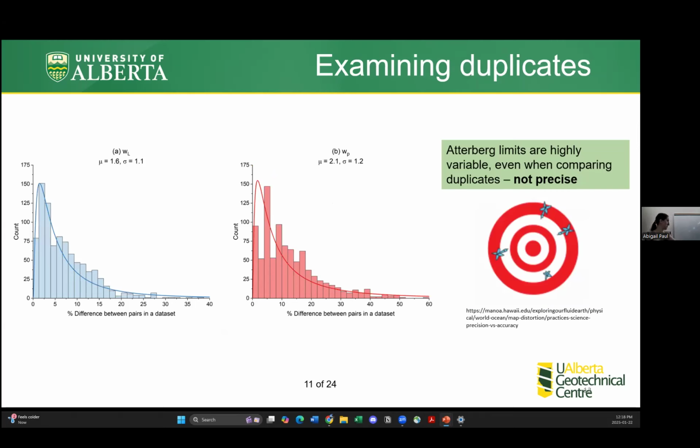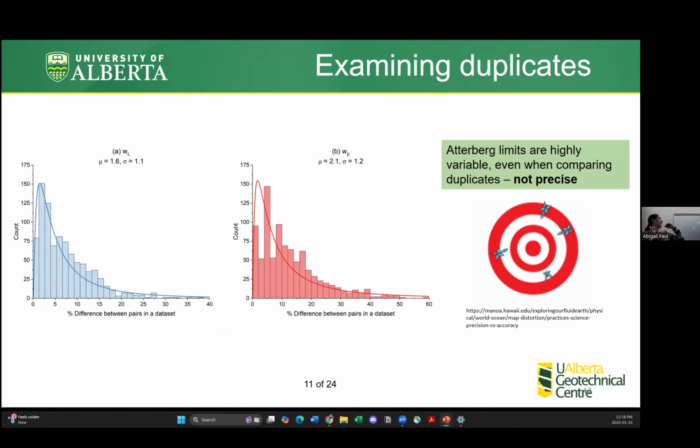Not to say that I wasted my time, but the results are what they are. And the reason why I'm saying that you can't make these generalizations is because Atterberg limits are highly variable. So they're not very precise. These histograms represent the distribution of the percent difference between duplicate measurements from the literature.